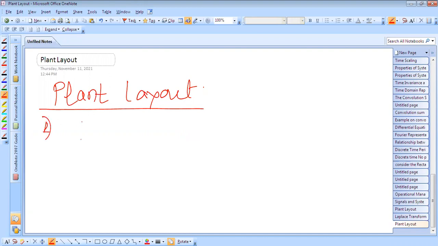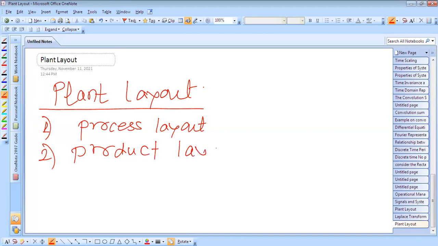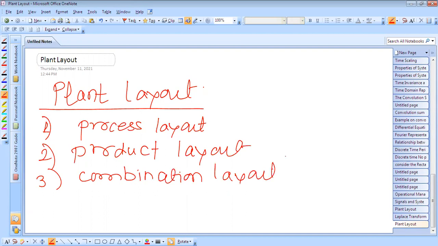First is the process layout. Second is the product layout. Third is the combination layout. And next is the fixed position layout.